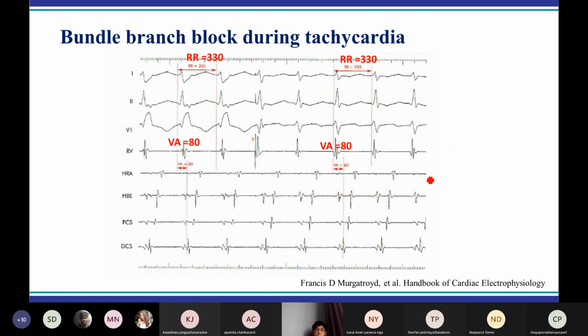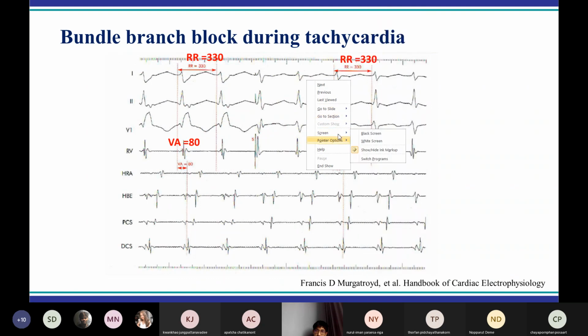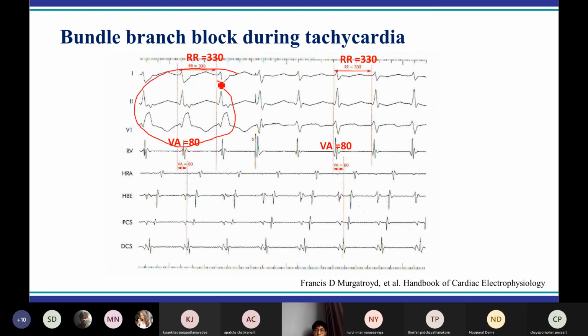In this example, there is a bundle branch block here in this ECG. You can see that during the tachycardia, the bundle branch block disappears. But the ventricular and atrial time and the RR, the cycle length of the tachycardia, is still the same.